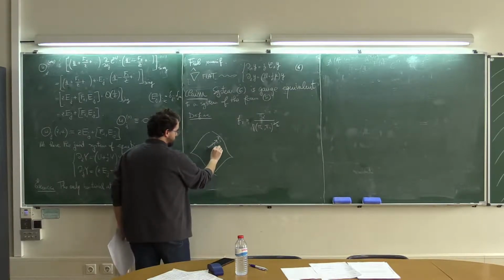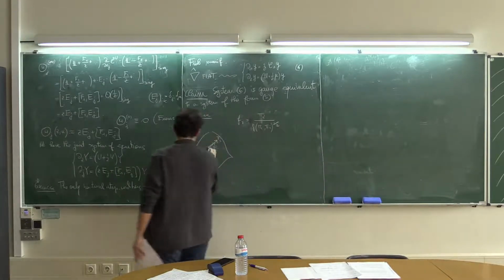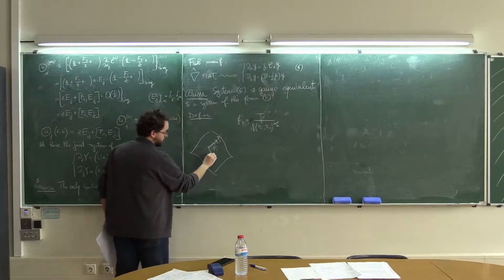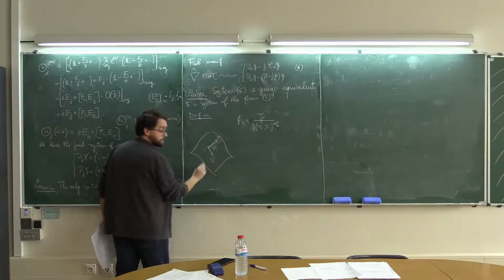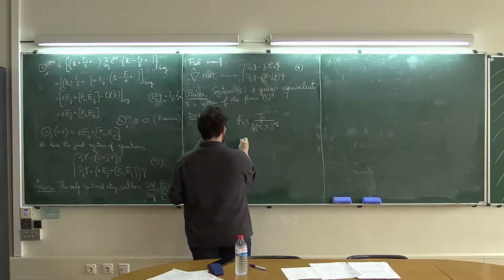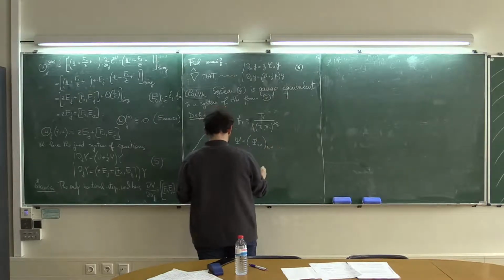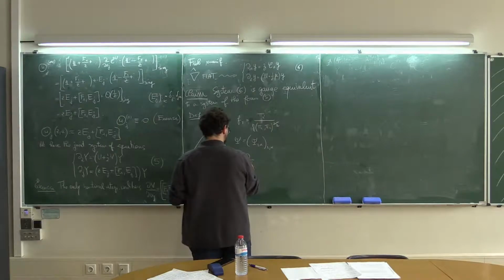I normalize these vectors, and these are Fi. But then we also have flat coordinate vector fields, d alpha. And so what I introduce now is a matrix of change of basis, defined as follows.